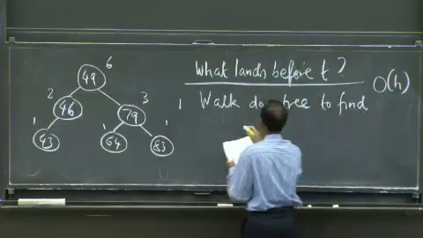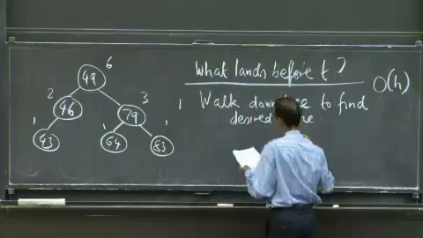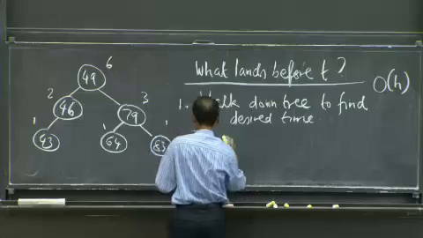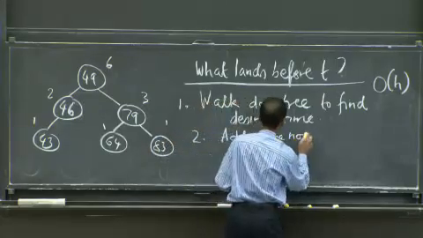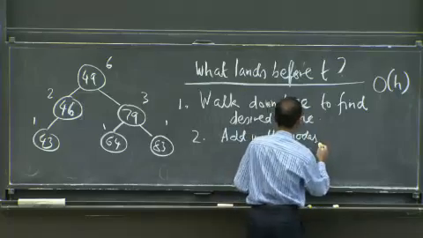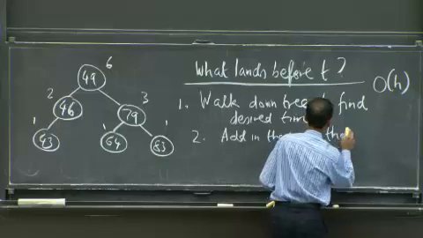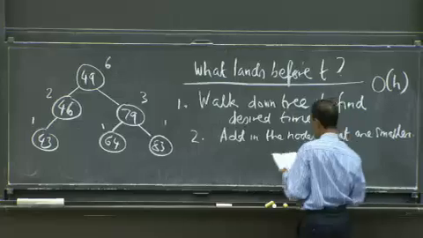You walk down the tree to find the desired time. This is just your search. We know how to do that. As you walk down, you add in the nodes, that is the subtree sizes. Depending on the number of nodes that you see as you go deeper, you want to add in the nodes.